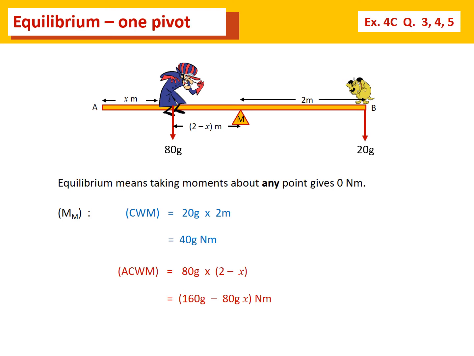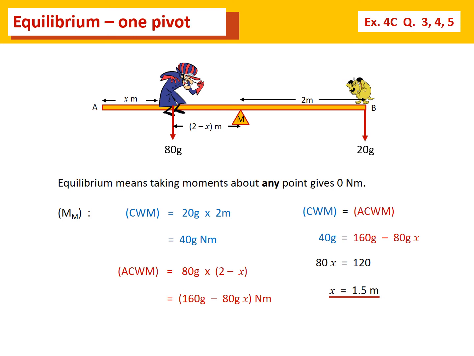A little bit messy, but that's the expression we get for the anti-clockwise moment. Now, because we're in equilibrium, the anti-clockwise moment must equal the clockwise moment. So 40 G equals 160 G, subtract 80 G times x. We can divide through by G because each of the 3 terms has got a G in it, and rearrange to give us 80x equals 120.